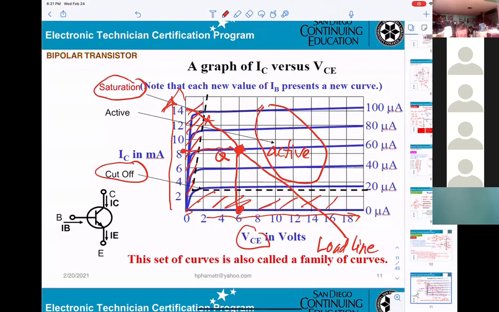Why? The thing is, when the temperature rises, that point will be moving a little. You don't want it to move to saturation. Saturation means not an amplifier; it cannot amplify anything. Or if they select the point right here, temperature changing can move it to cutoff, so it cannot work like an amplifier.